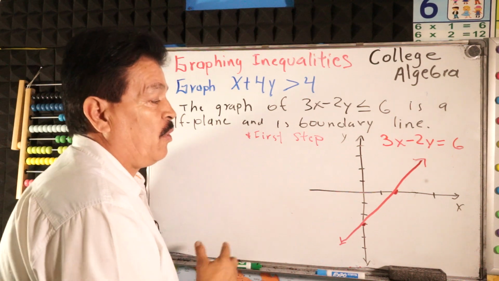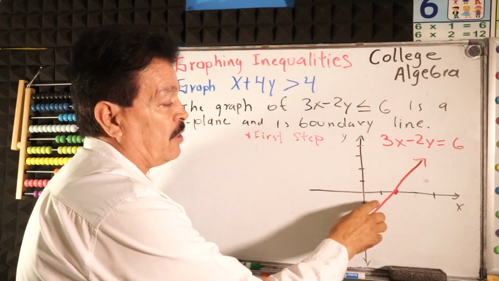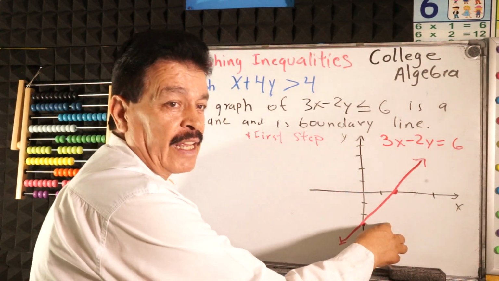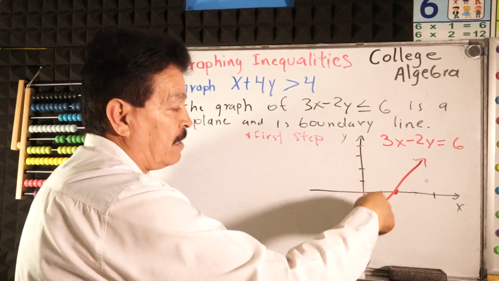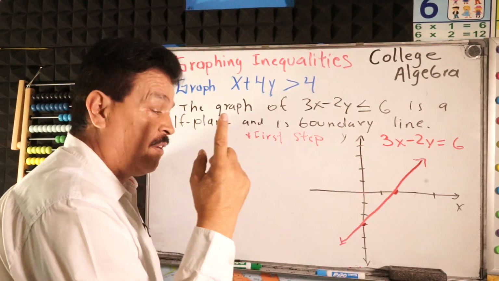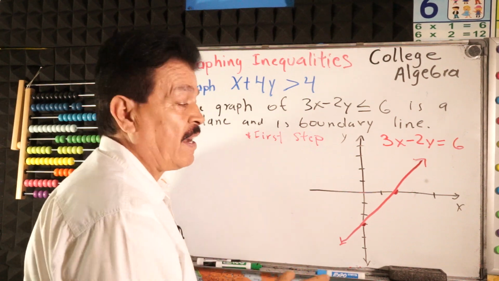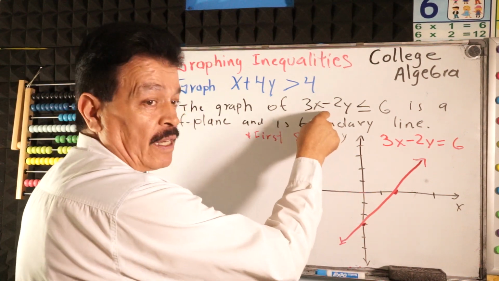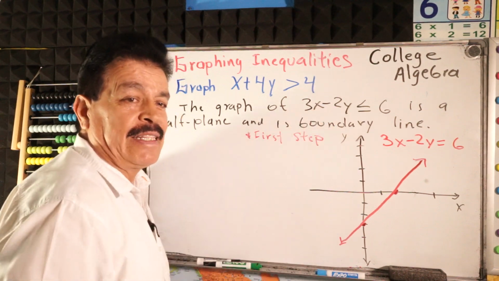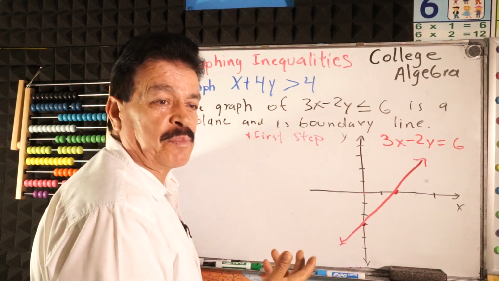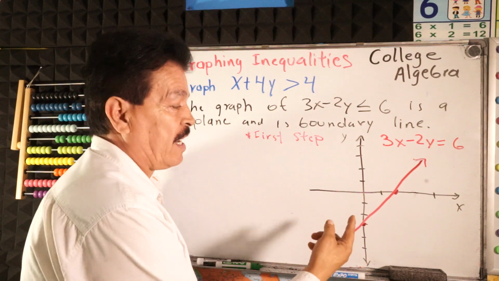We select any point not on the line. If this point satisfies the inequality we're talking about, then the half plane from which the point is chosen belongs to the graph.